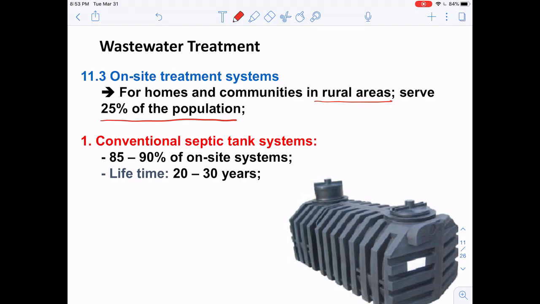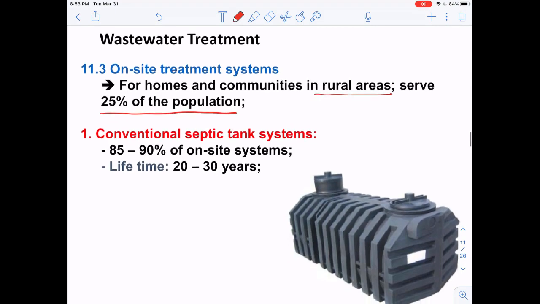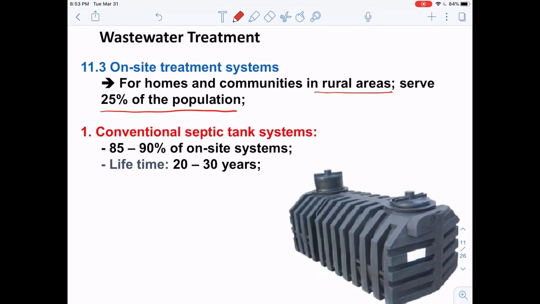The most important on-site treatment system is the conventional septic tank system. As you can see later, these septic tanks typically have a quite simple structure and mechanism. Conventional septic tank systems cover 85 to 90% of all on-site systems, and they also have a pretty long lifetime, from 20 to 30 years.